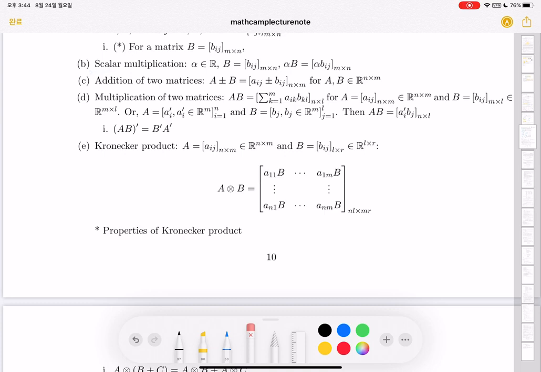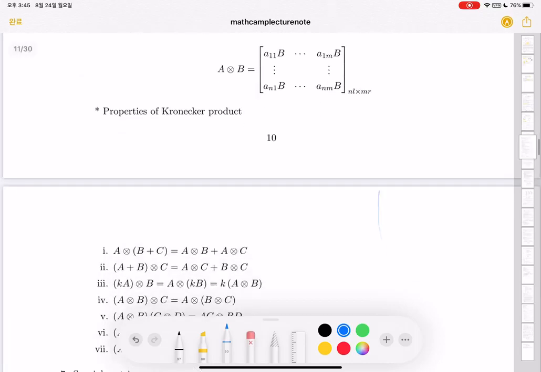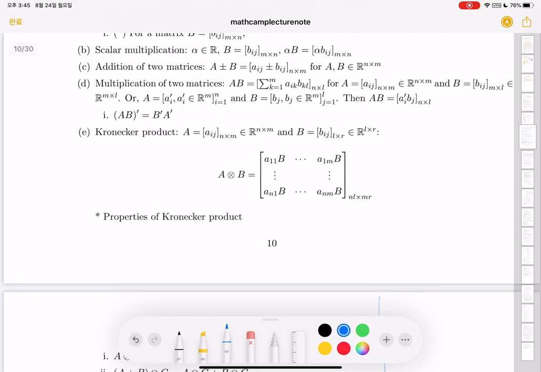So for two matrices A and B to be multiplicable, the column dimension of A and the row dimension of B must be the same. When you do the Kronecker product, it doesn't really matter. Okay, so the Kronecker product is like this. We usually use this circled product notation to denote a Kronecker product.